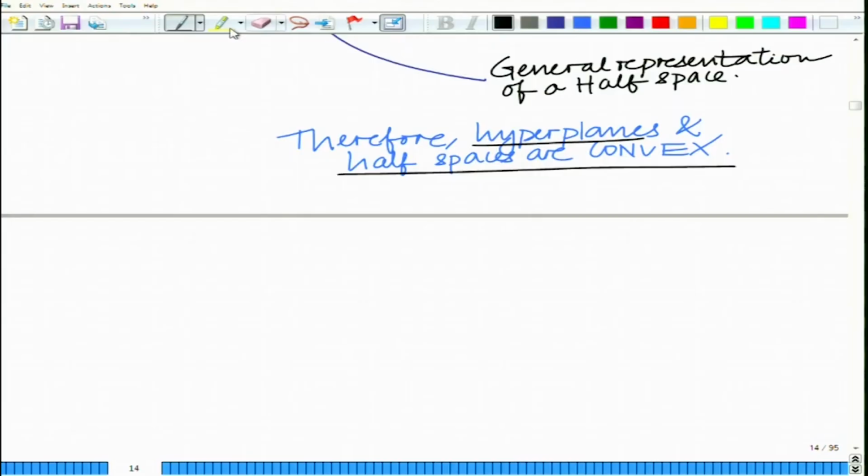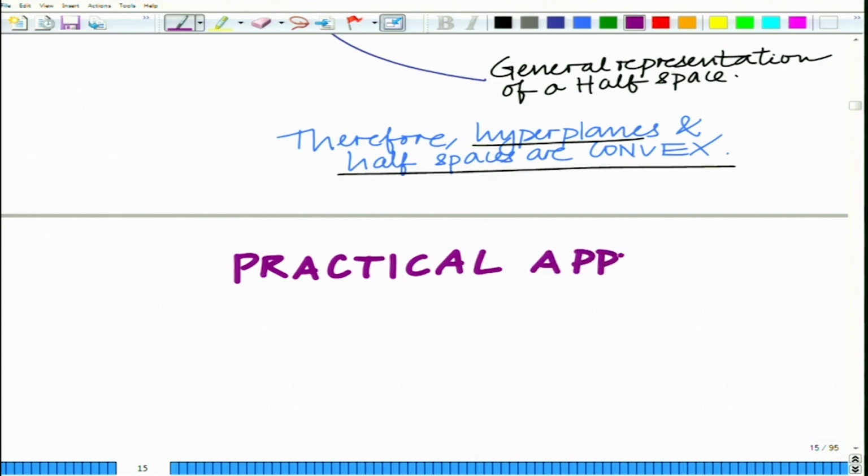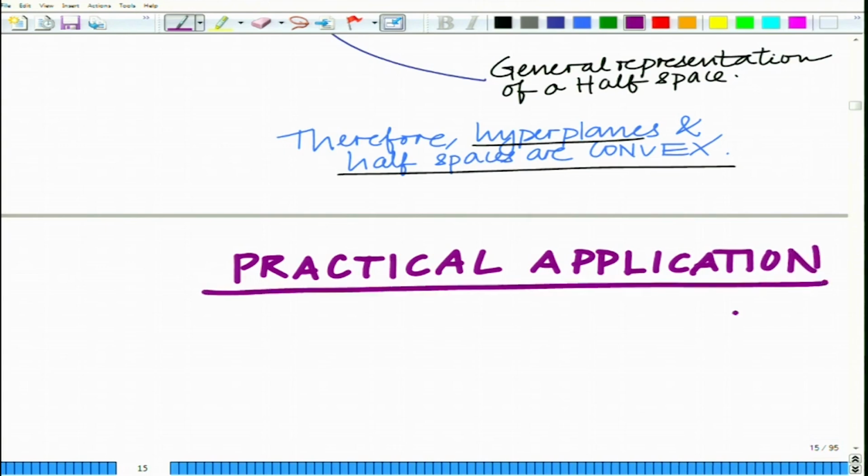Okay. So what we want to look at is a practical application.